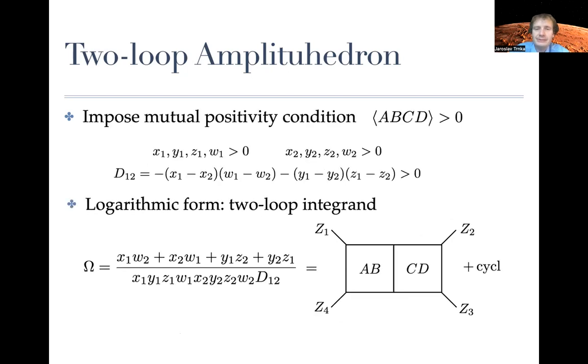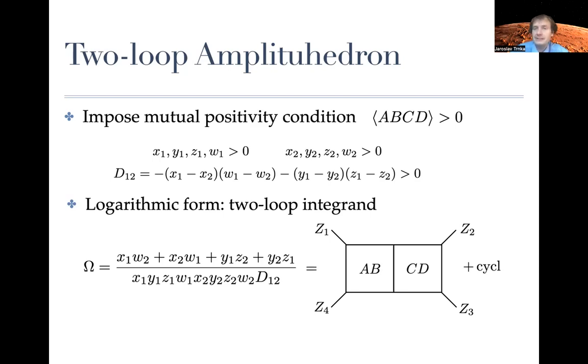Now, in order to make it a 2 loop integrand, we have to impose an extra condition which entangles these 2 loops together. And the condition is that the 4x4 determinant of A, B, C, D together must be positive. While the initial conditions for each loop were just linear, even trivial, just setting that the parameter is positive, this extra condition between the 2 loops is quadratic.